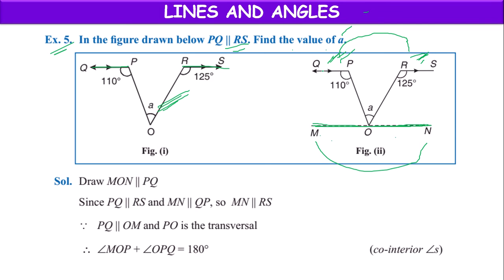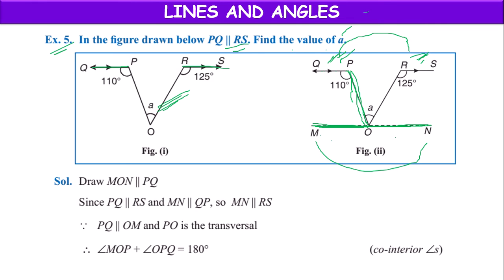PQ is parallel to OM, and PO is the transversal. Like that also we can take.